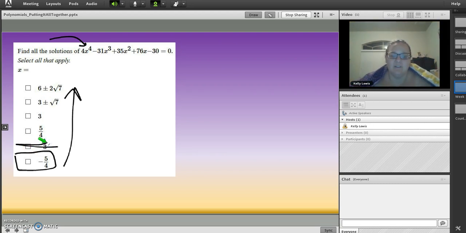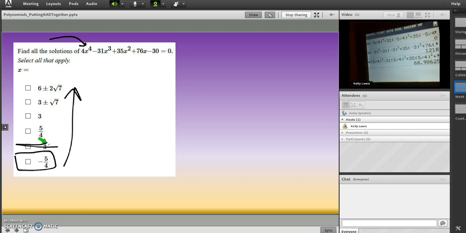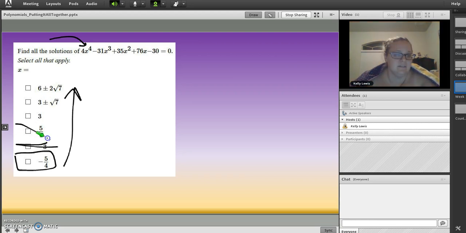Now I'm going to do 5 fourths. When I type in 5 fourths, I get that guy. So 5 fourths doesn't work.